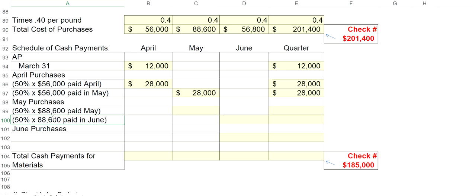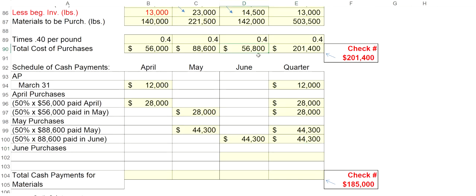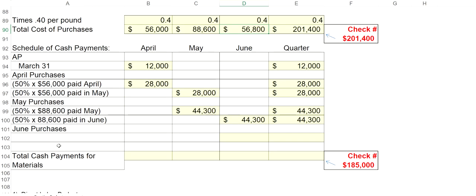Okay, 50% is 44,300. So 44,300 in May, 44,300 in June. Bring it over to the quarter column. Okay, for June, 56,800 of purchases are made.